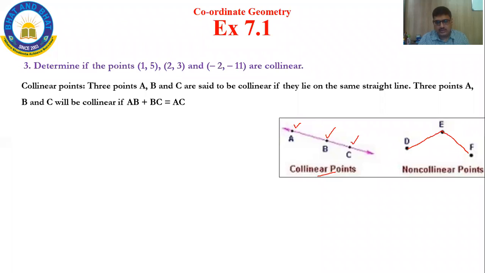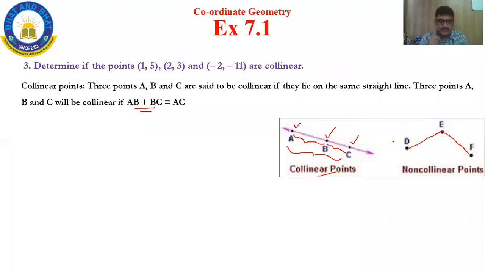So in that case, observe now, if I take this distance and this distance, and add both of them, that should be equal to this distance in a single calculation. That means AB plus BC should be equal to AC. That should be my logic. Okay, this is applicable for 3 points.